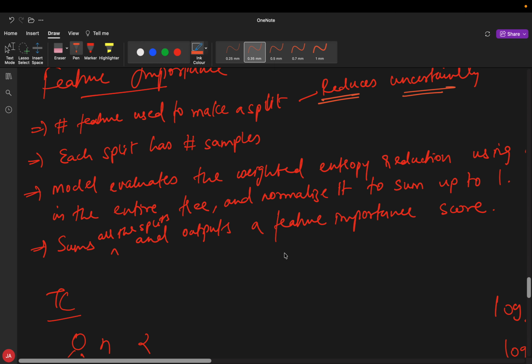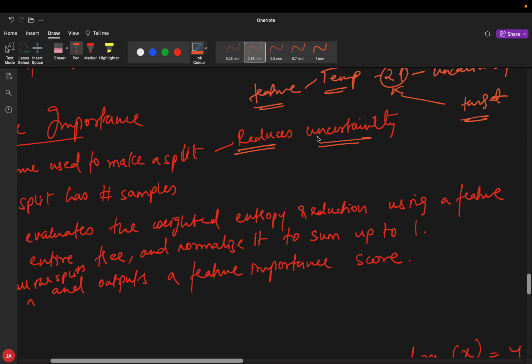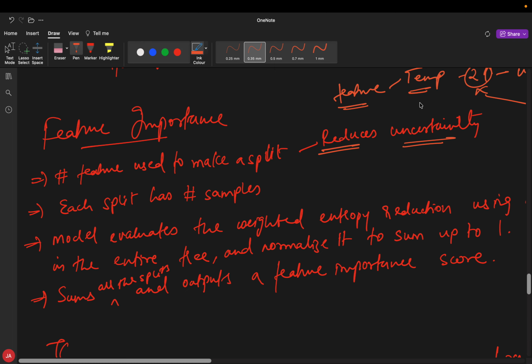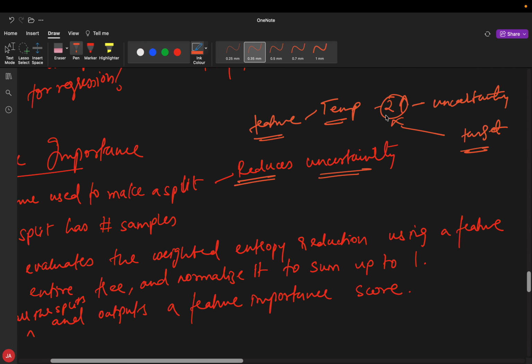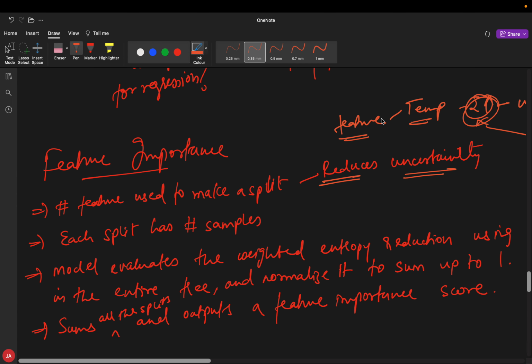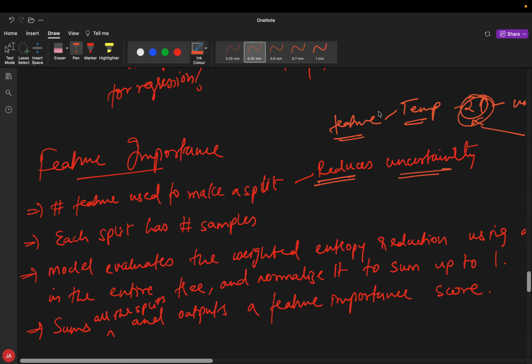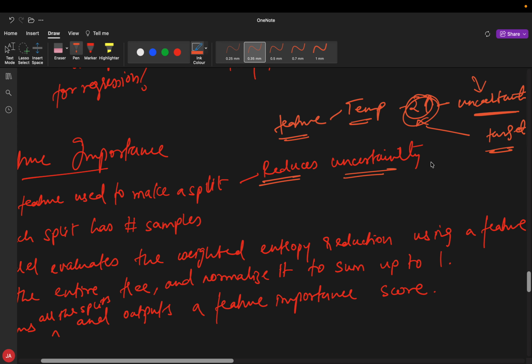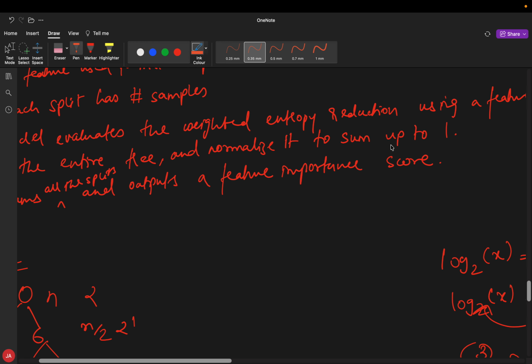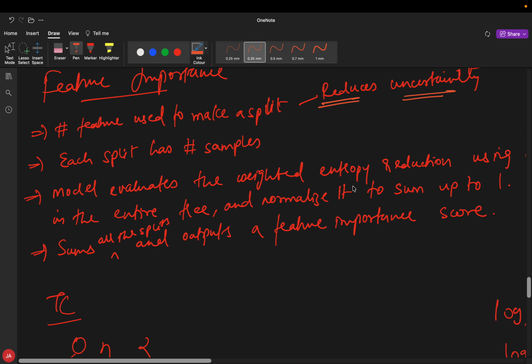Therefore we have a formula to calculate the feature importance for each feature depending upon the number of splits it makes and how much it reduces the uncertainty. Using that formula we can calculate the feature importance for each and every feature.